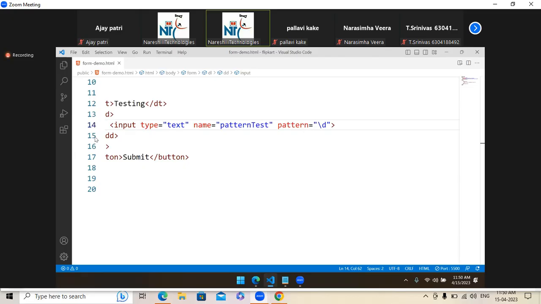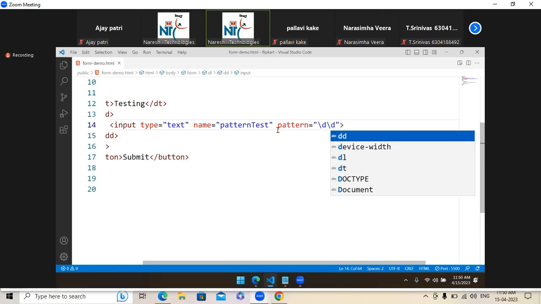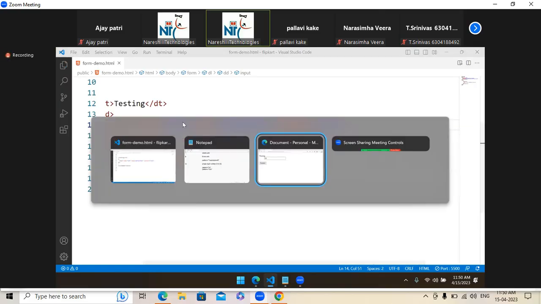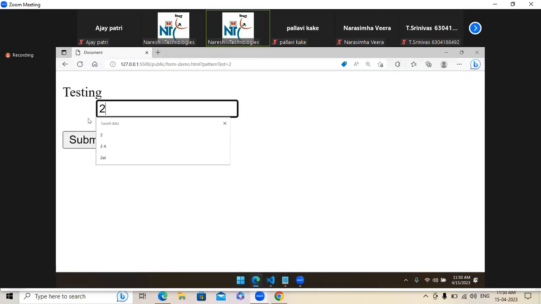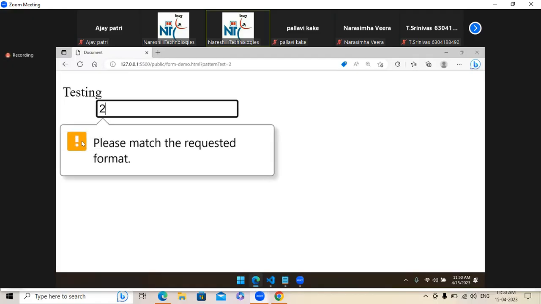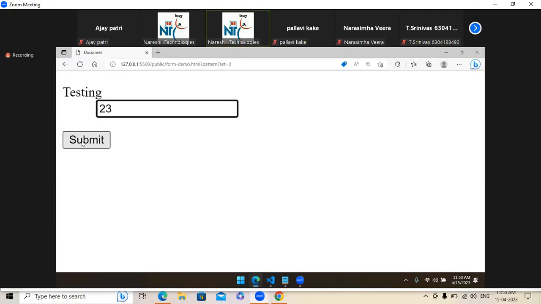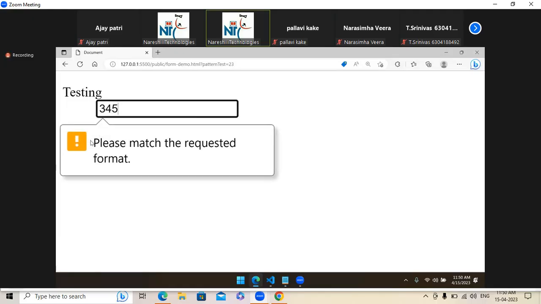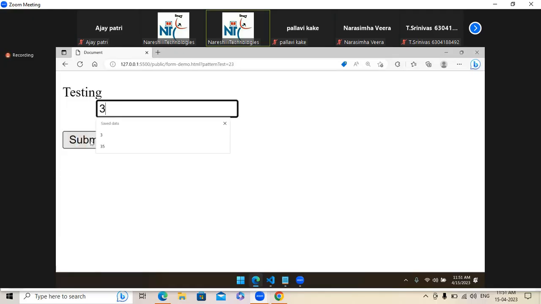If you say two only, not less than 2, not greater than 2. You say 5, not less than 5, not greater than 5. So that means if I write /d/d, that means only two digits. I entered a single digit, not allowed. I entered two digits, allowed. Three digits, not allowed. So one digit, not allowed.